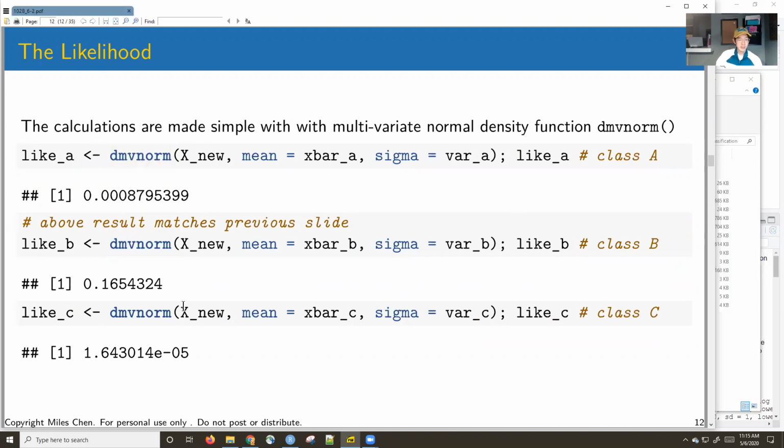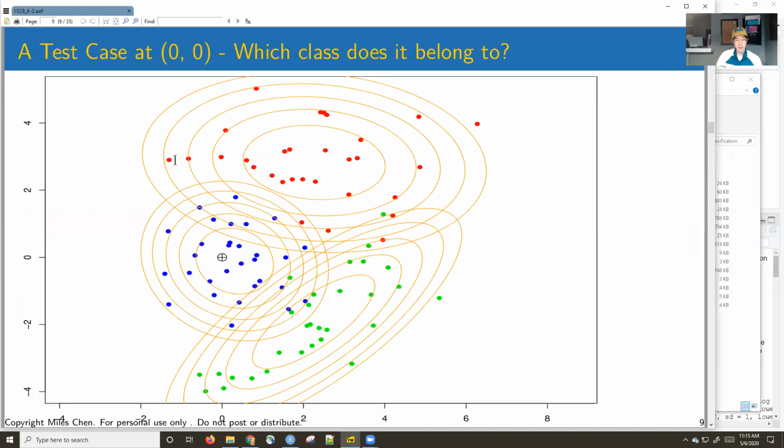All right, now let's just look at these numbers. What's the likelihood of getting 0, 0 if it came from the red class? That was 0.0008, so a little under 1 in 1,000 that you would get a point like this if it's generated from the red distribution.